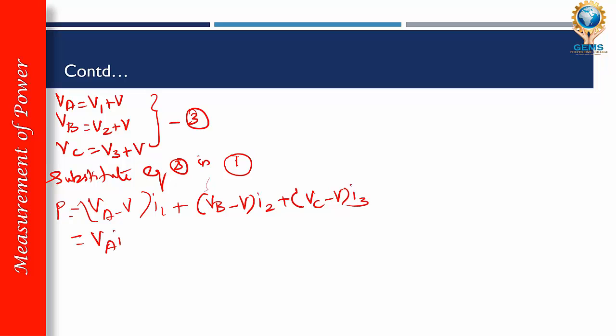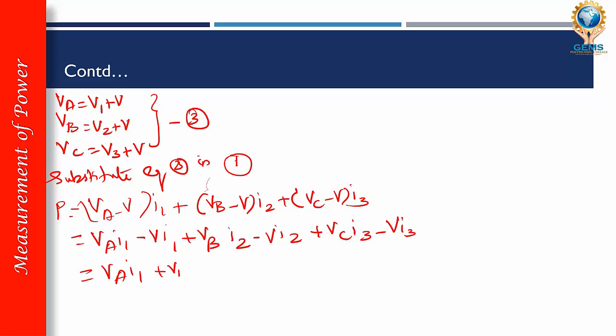So VA I1 minus V I1 plus VB I2 minus V I2 plus VC I3 minus V I3. So VA I1 plus VB I2 plus VC I3, and I take V common out, minus V into I1 plus I2 plus I3.